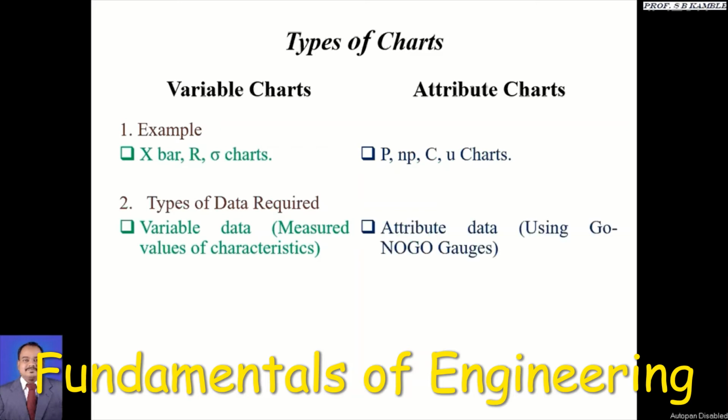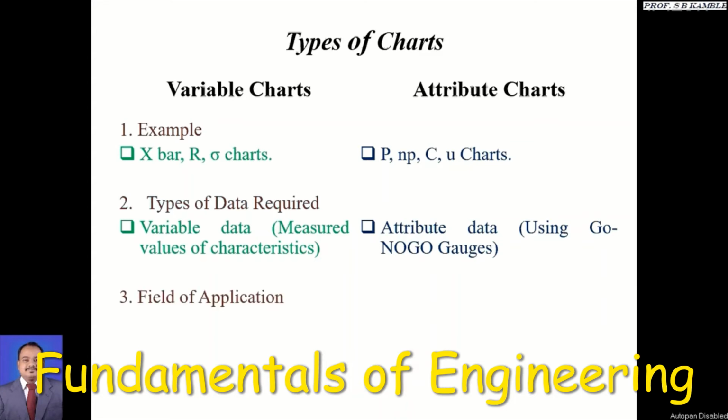In attribute data we get the information by using a go and no go gauge. Either the go gauge passes or not, and the no go gauge passes or not. Based on that we get the attribute data, that is, conformance or non-conformance, meaning either the product is defective or it is a good product.